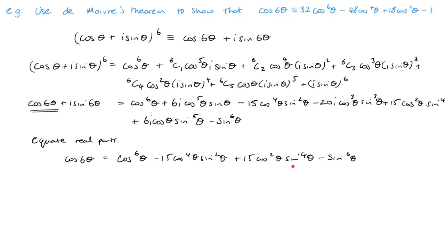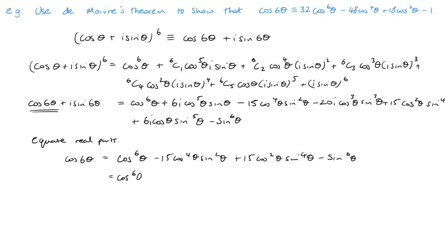Now this obviously right now isn't in this form, but what we can do is get rid of the sines, because in here it contains only cos, and we know that sin squared plus cos squared theta equals 1, and sin squared theta is going to be equal to 1 minus cos squared theta.